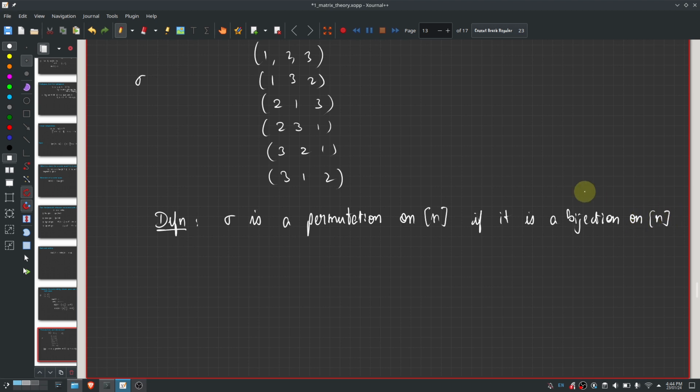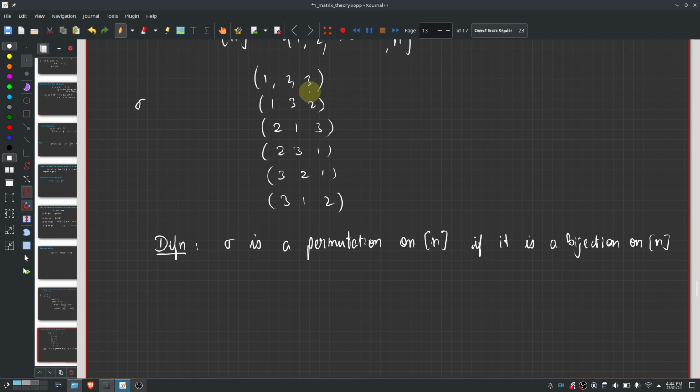So basically any bijective map from 1, 2, 3 up to n to itself is a permutation. Just plain and simple. And you can see that the only possible bijections from 1, 2, 3 to itself is just this set.